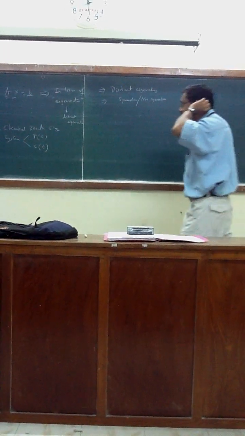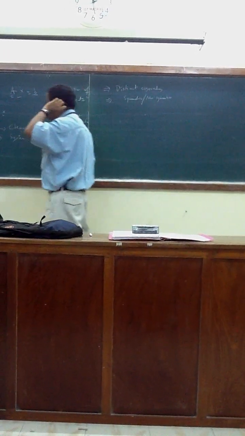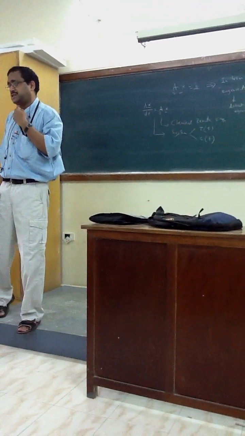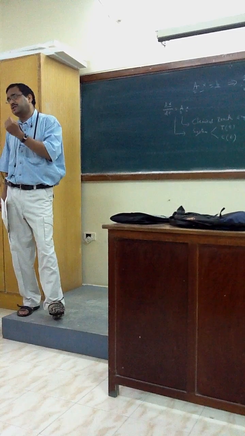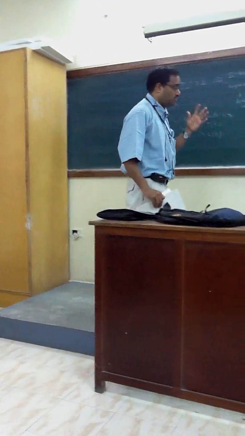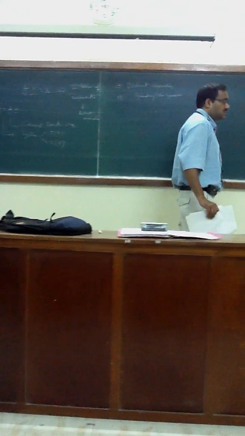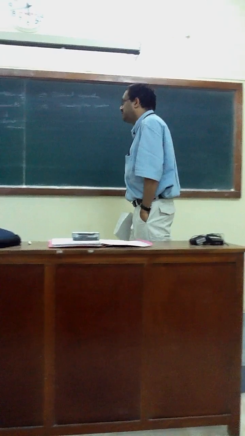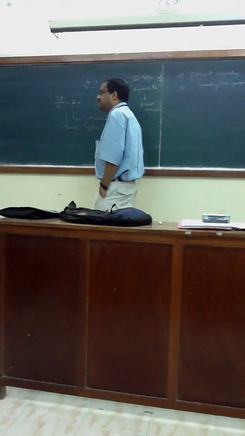Even the worst case, when your eigenvalues are repeated and the matrix is non-symmetric, that also we will discuss. But this is the simple case of distinct eigenvalues, because we know that the eigenvectors are orthogonal for a symmetric matrix.